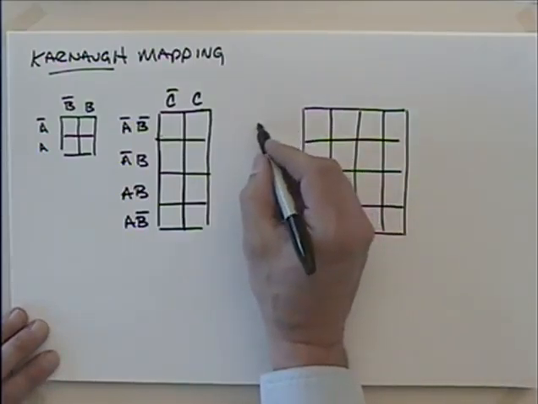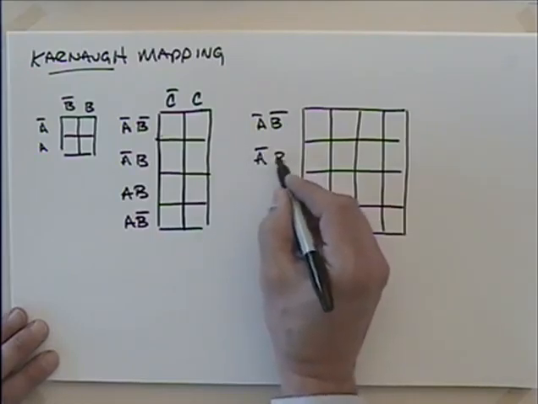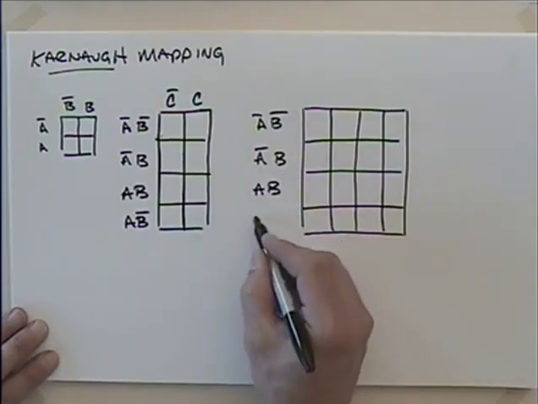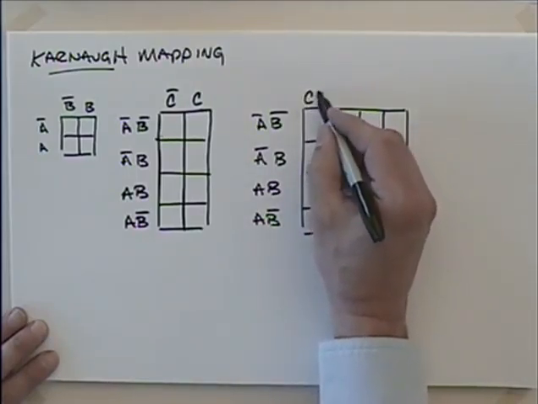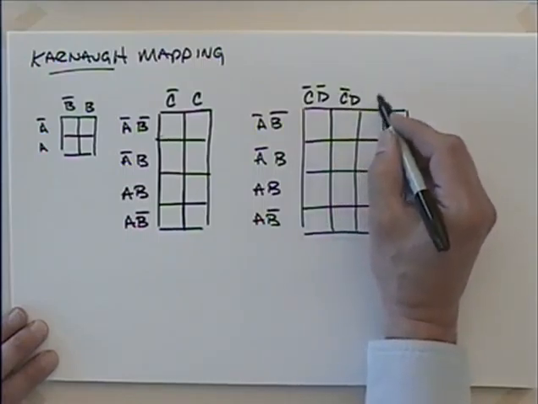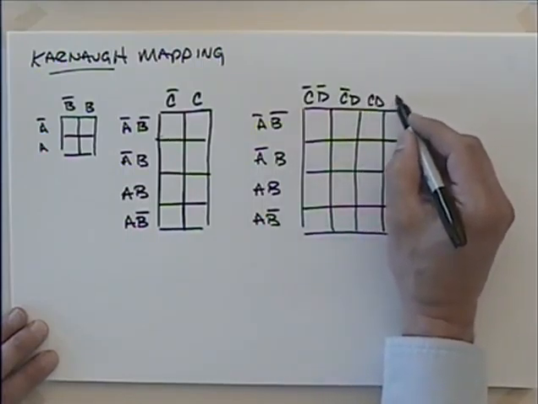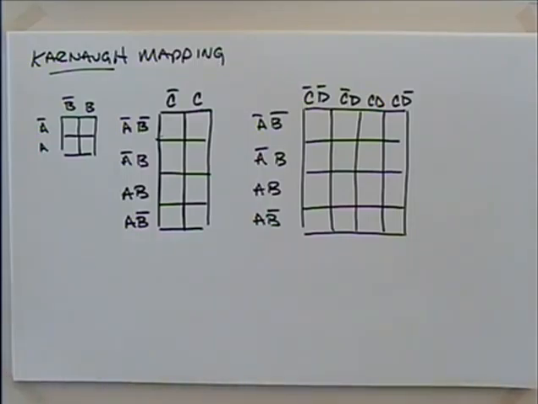So we're going to have not A, not B, not AB, AB, A not B, and then over here we would have C, D, and not CD, and then CD, and C, not D. While the variables, I mean, you might not be using A, B, and C, D as your variables.